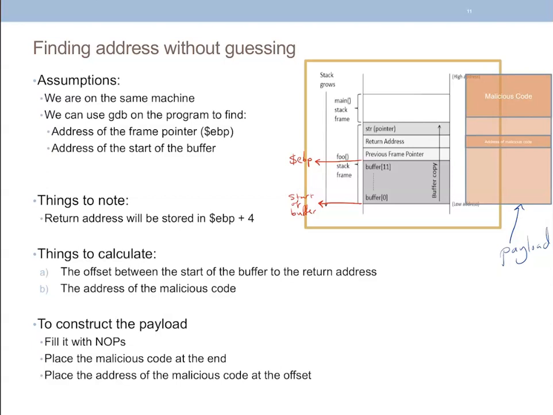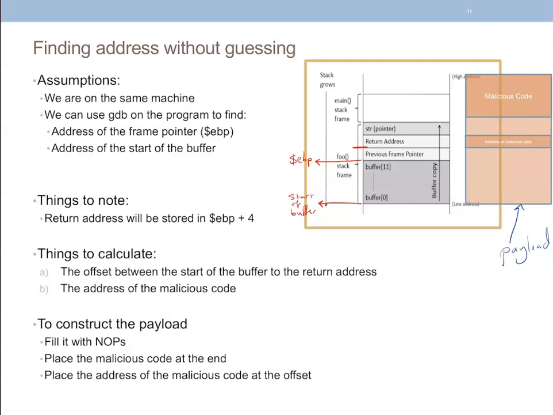Something to note is that we know our return address is going to be at location EBP plus 4, right? Because each of these is 4 bytes, for the previous frame pointer, the address of the previous frame pointer. So we need to know this location over here, and that's where our return address is, okay? So we can figure this part out. I'm going to try and draw that.